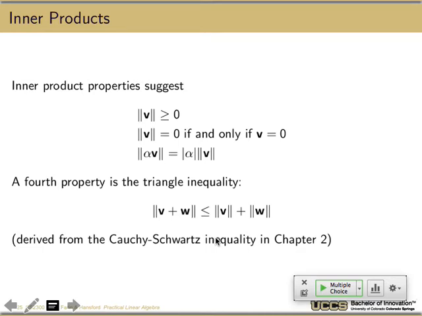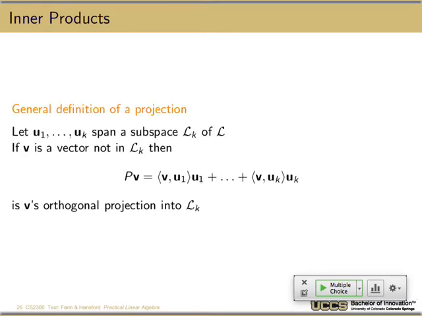So if I have a space in which I have an inner product on top of it, now I can do a whole bunch of operations in that space as though it was almost the same as working in Rn. So I can compute distances, I can do a bunch of other operations, rotations, transformations of the space. So the projection, which is one of the operators we talked about before, also makes sense now in these inner product spaces.